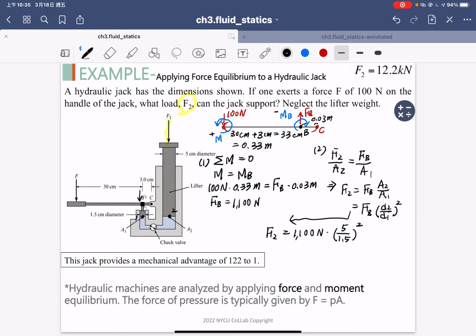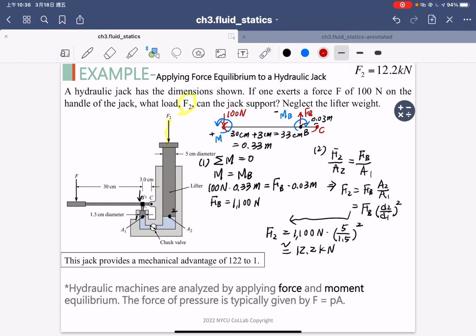Okay, so we can compute the answer with your calculator. 5 divided by 1.5, squared, and multiplied by 1100 newtons. So the answer is around 12.2 kilonewtons.